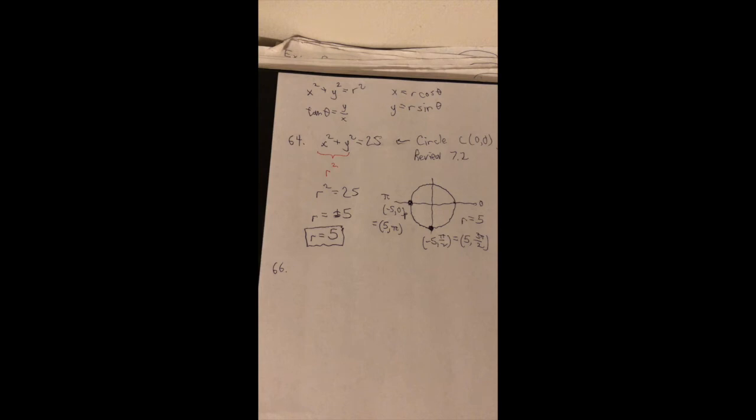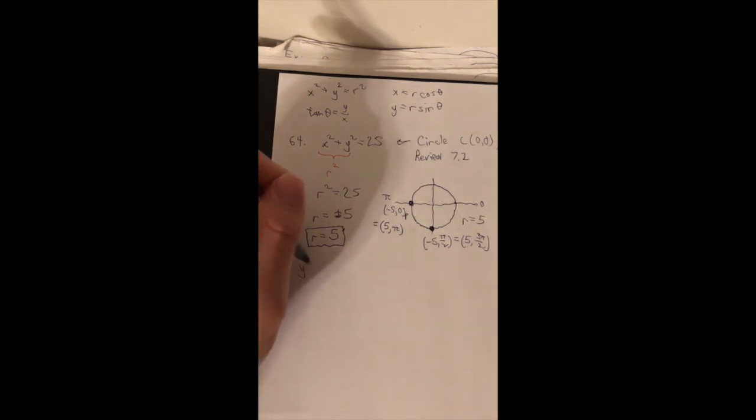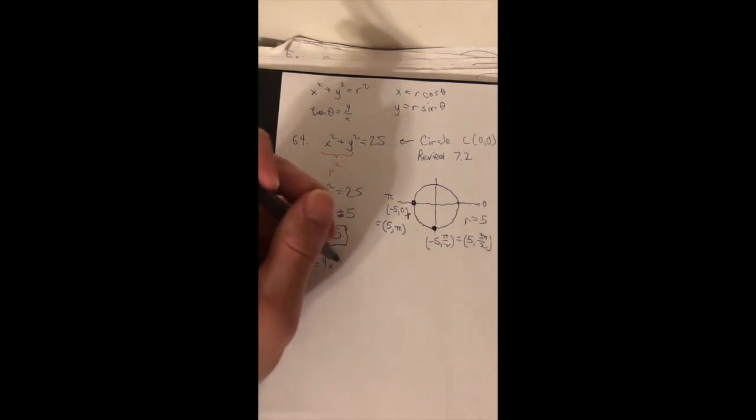Just for an example where we see things the other way around, problem 66 in your textbook, we're looking at y equals 4x minus 19. And I want to convert this into polar coordinates.